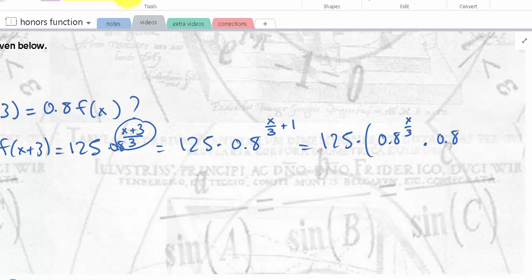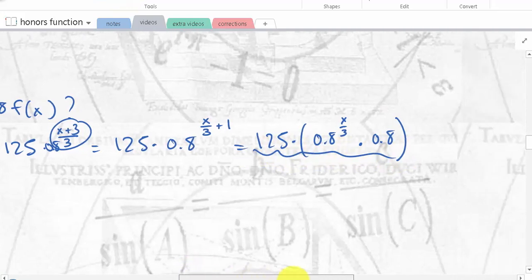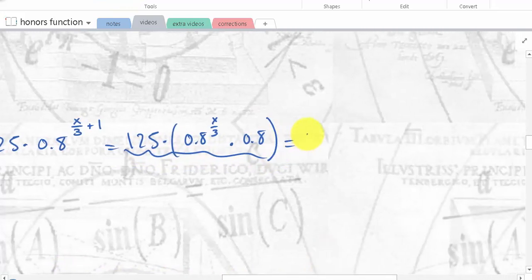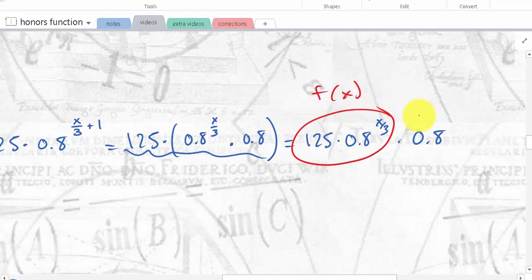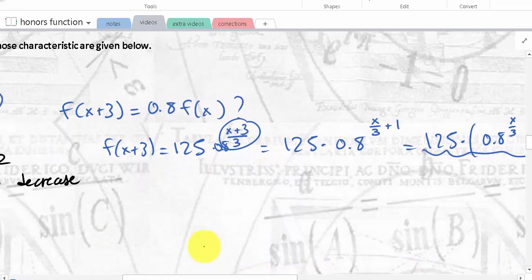I'm using the rule of exponent. Now this is all a product, so I can rewrite it as 125 times 0.8 to the x over 3 times 0.8. And what is this? This is f of x. So it's f of x times 0.8, which is a decrease of 20% from f of x. And that happens every 3 units, not every 1 unit.